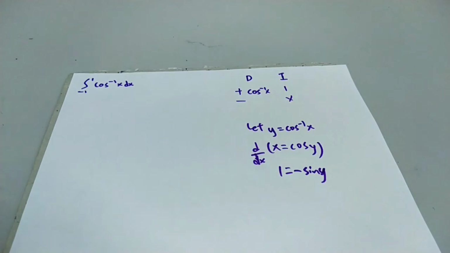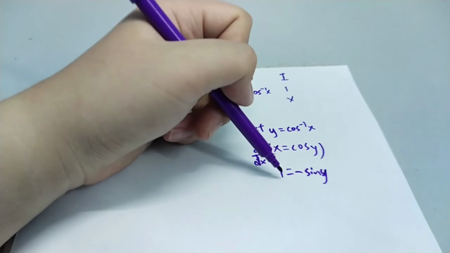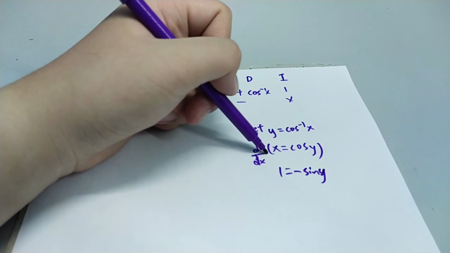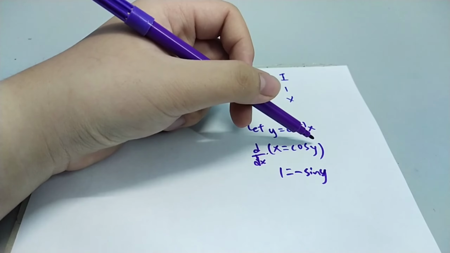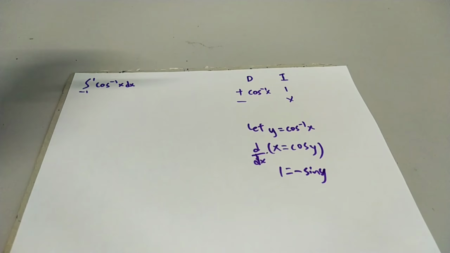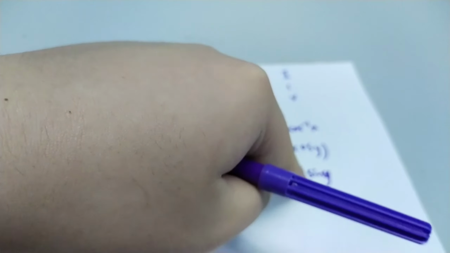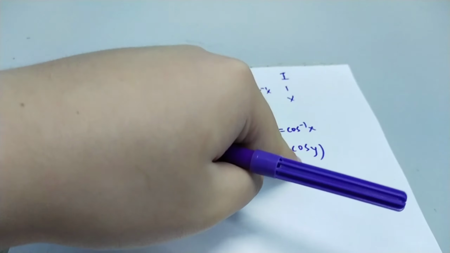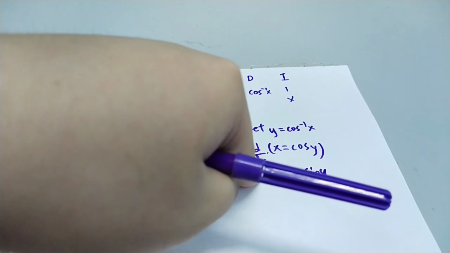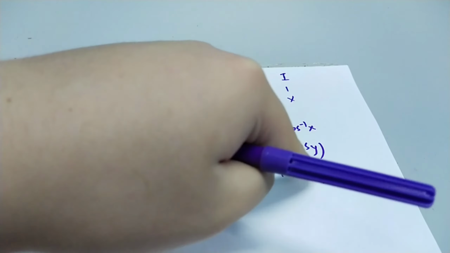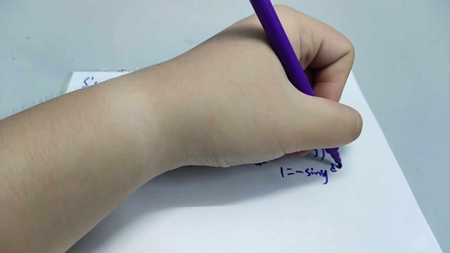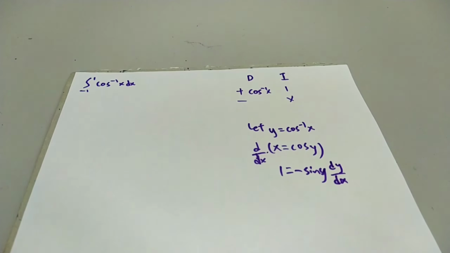And remember, we are dealing with the derivative with respect to x, not y, which means y could be a function that relates to x. Because of that, we have to apply the chain rule. So the derivative of cosine of y with respect to x is going to equal negative sine of y times dy over dx, because of the chain rule.